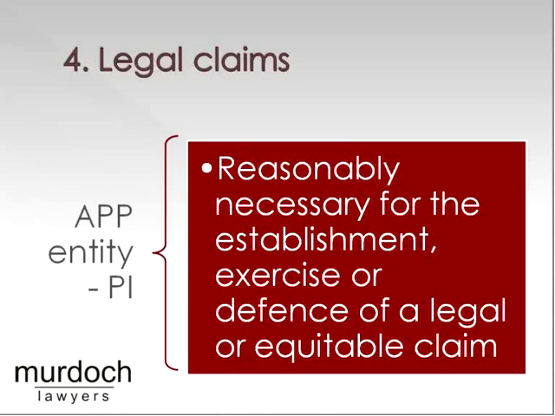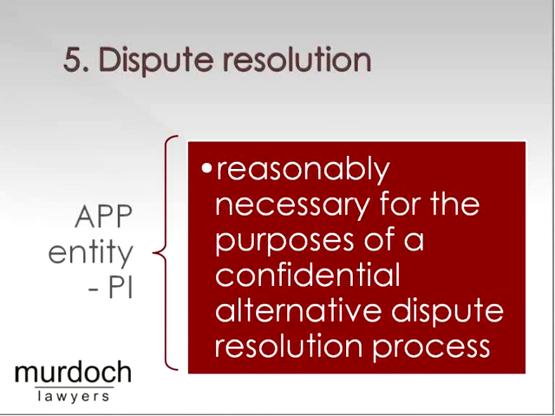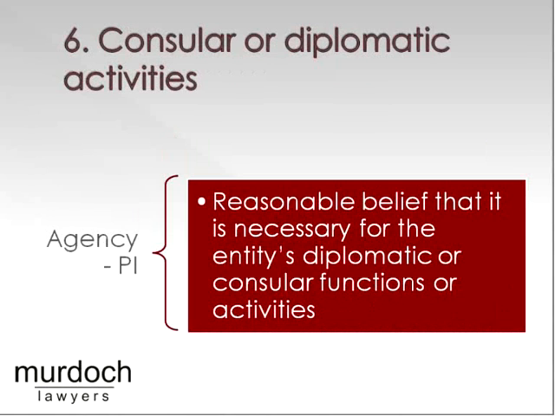An organisation can use personal information where it's reasonably necessary for the establishment, exercise or defence of a legal or equitable claim. The next general exclusion is reasonably similar. It relates to dispute resolution. So it can be used where it's reasonably necessary for the purpose of a confidential alternative dispute resolution process.